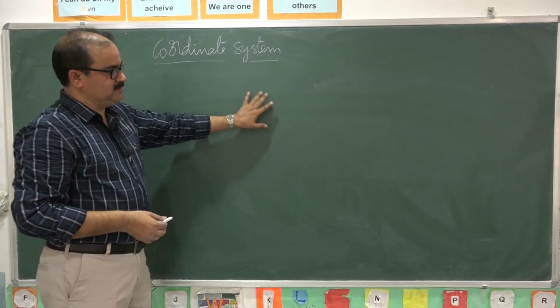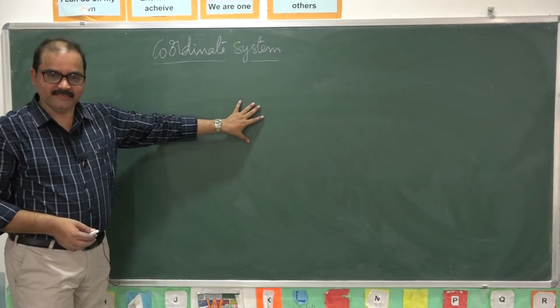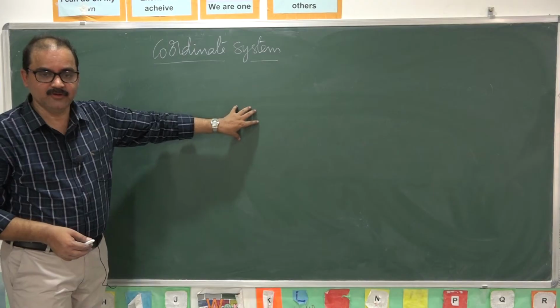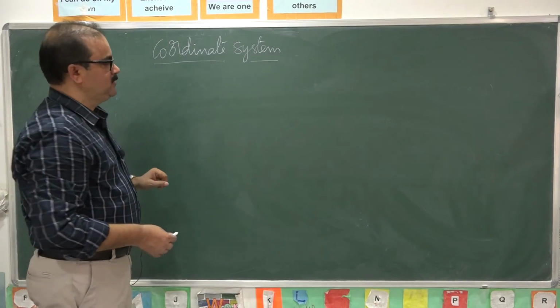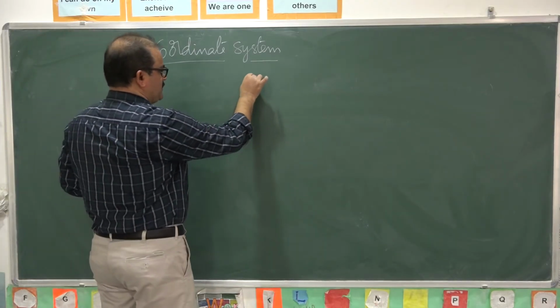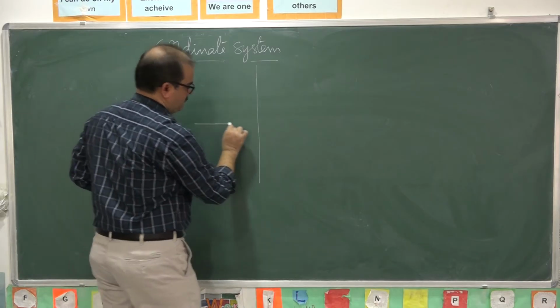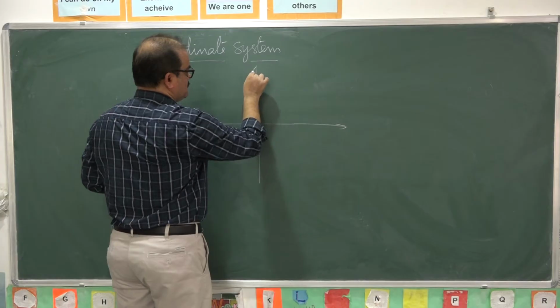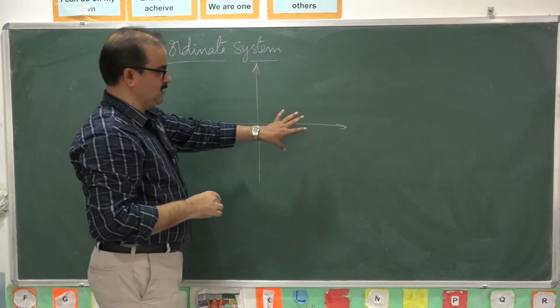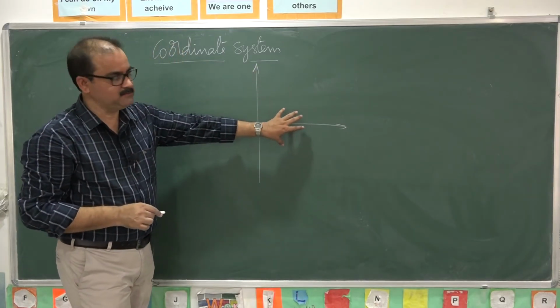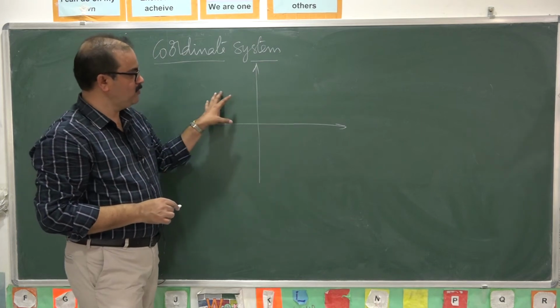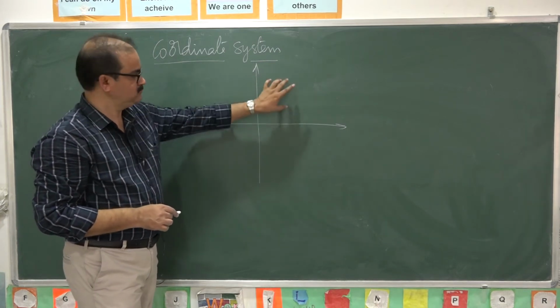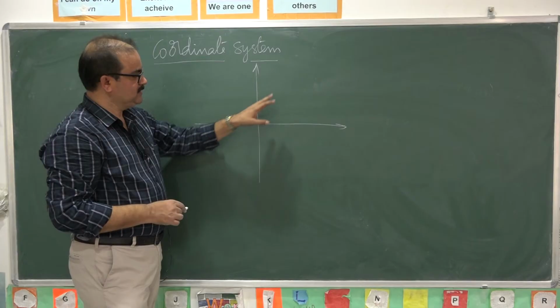Let us consider this entire board as a plane. Two perpendicular lines divide the entire plane into four equal parts.